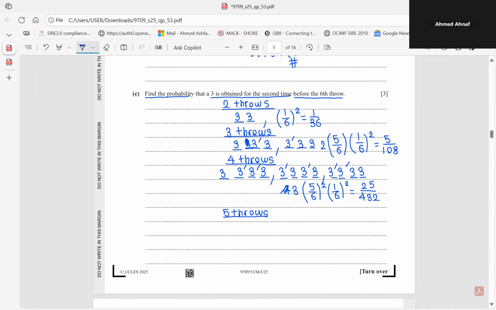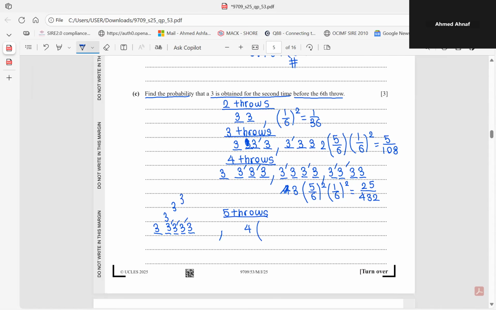And then for the final case, 5 throws, you can have 3 on the first, or 3 on the second, or 3 on the third, or 3 on the fourth. So that's a total of 1, 2, 3, 4, 4 possibilities.